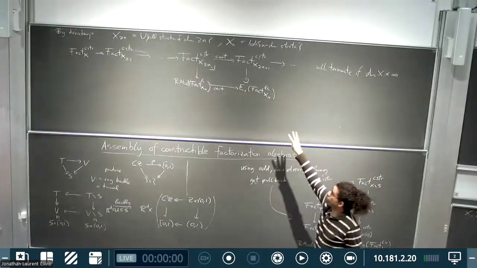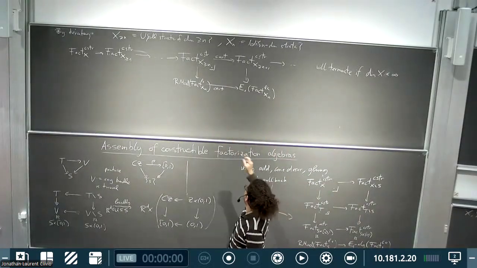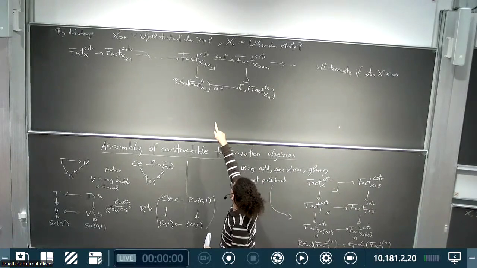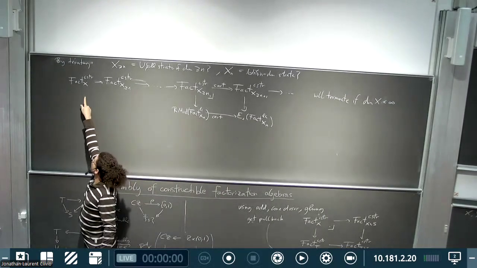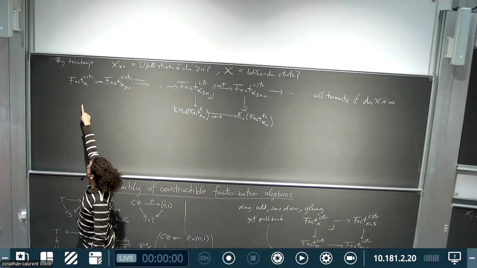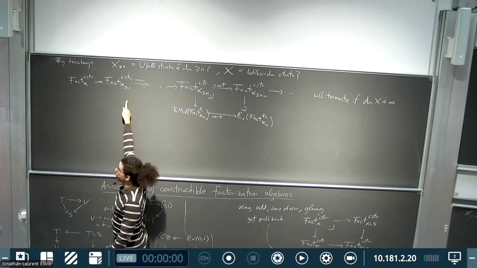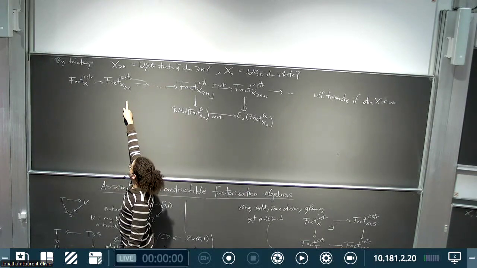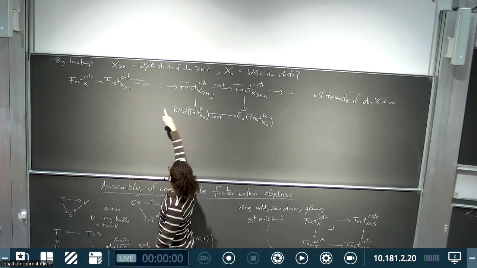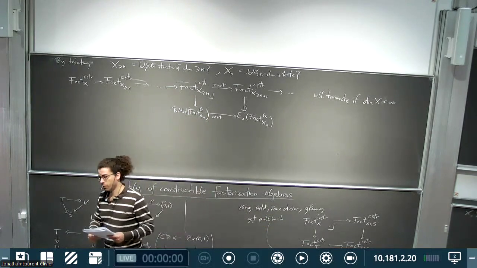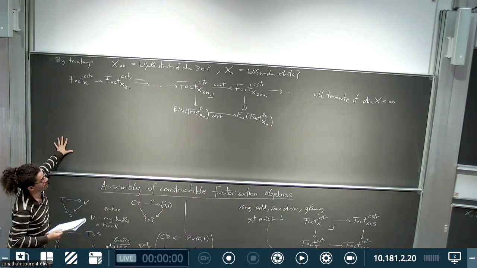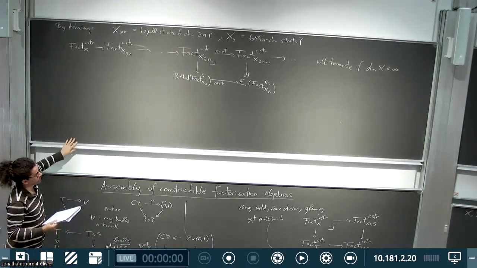But here we're successively, the S will change every time. So we start with X here. And we start by splitting off the things of dimension 0. That would go to here. And then we start splitting off the things of dimension 1 and so on. And so at every step, we're using this thing we already proved, where at every step you split off the things of minimal dimension. Okay.